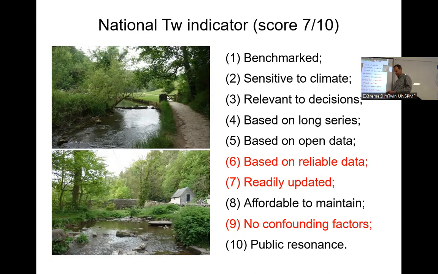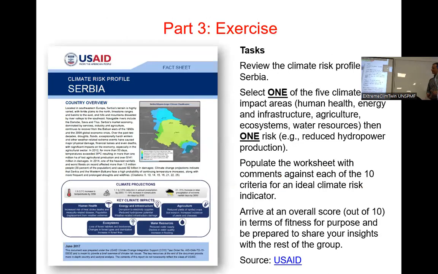Okay, so that helps you, I hope, see how we can think about risk indicators. We now come to the final part of the session today, which is an exercise for you to apply this thinking to some of the climate risks identified by USAID for Serbia.